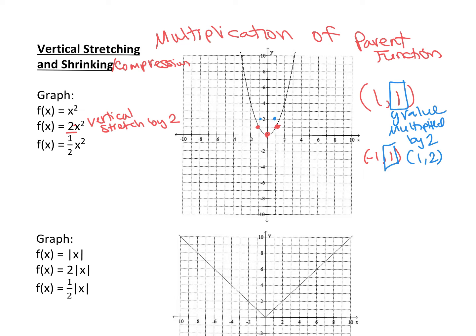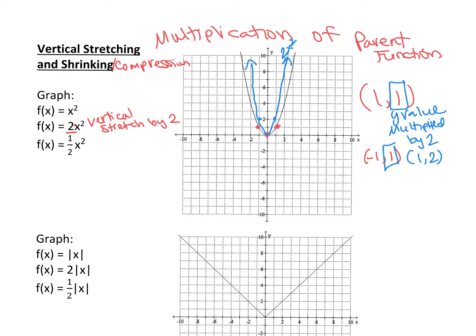And so you can see like what kind of effect this is going to have on my graph, right? You can already tell by these few ordered pairs that what ends up happening is it becomes more narrow. And we call that a vertical stretch. And what's cool about this is the larger the number, the more stretched the graph becomes. For example, I'll do this in yellow.